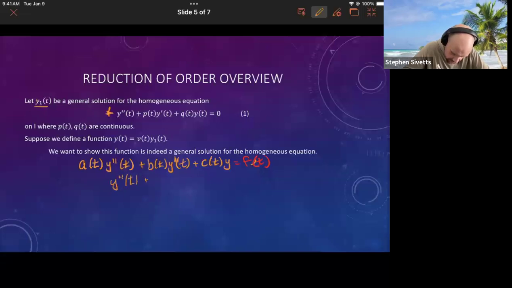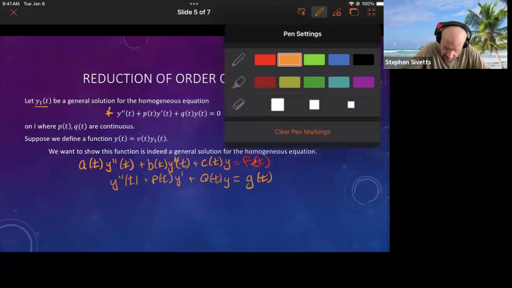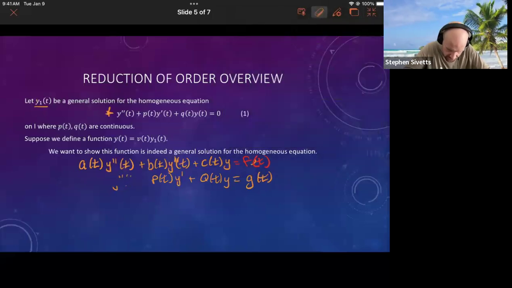So y double prime of t plus p of t times y prime plus q of t times y equals just another function of t, g of t, right? And then they're supposing y1 of t is a solution for the homogeneous equation.